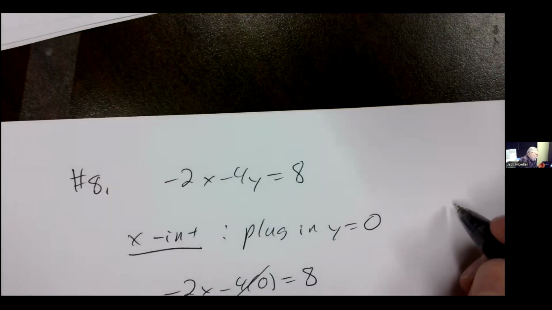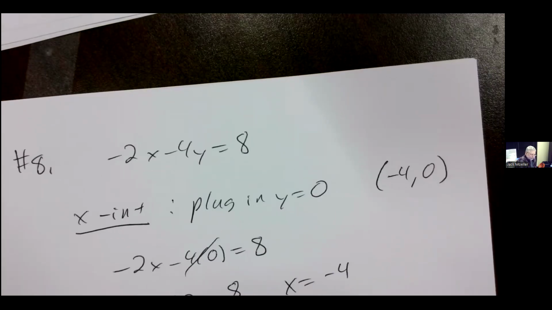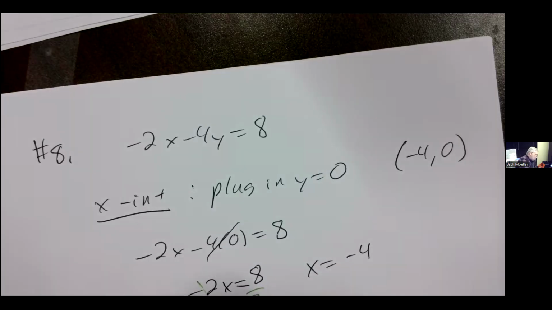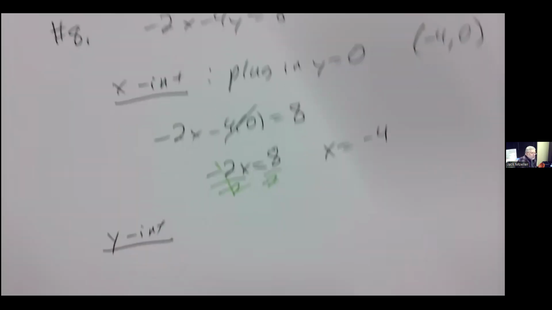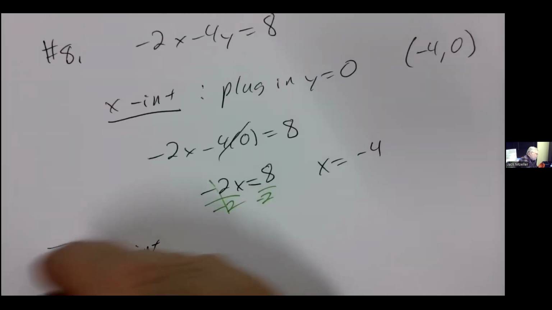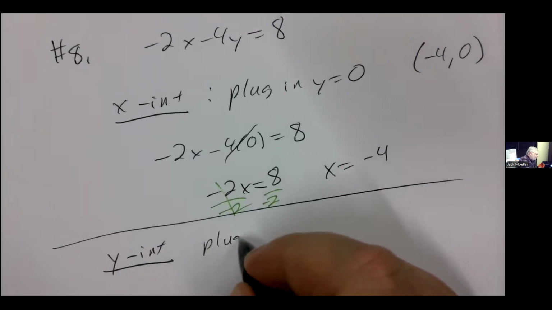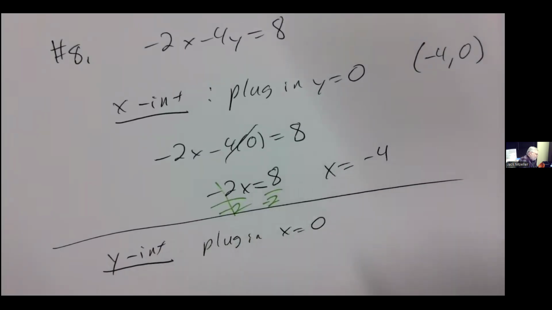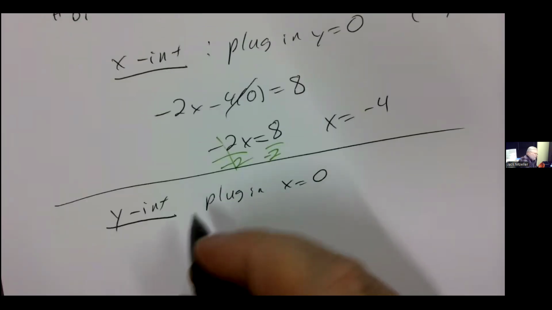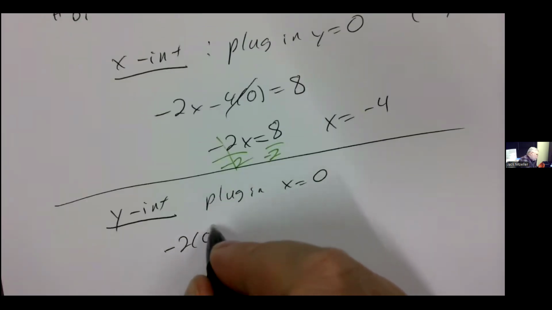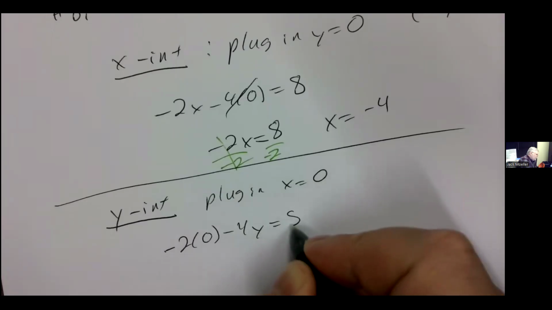So for my x-intercept, x was negative 4, and we got that by plugging in y equals 0. How do we find the y-intercept? Same idea, now we plug in x equals 0. So we get negative 2 times 0 minus 4 times y equals 8.